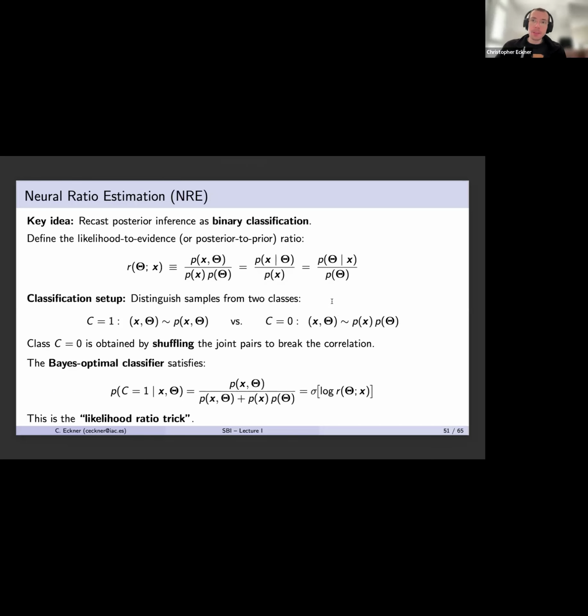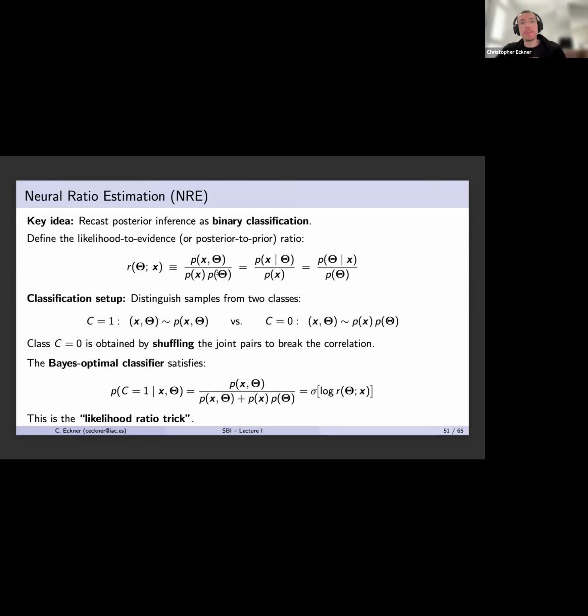This is a bit different regarding the third type of estimation or flavor of simulation-based inference, which is called neural ratio estimation. So here, as I said in the beginning, you define a different quantity that you want to approximate with a neural network. And this is this likelihood to evidence ratio, or posterior to prior ratio, or joint to marginal ratio.